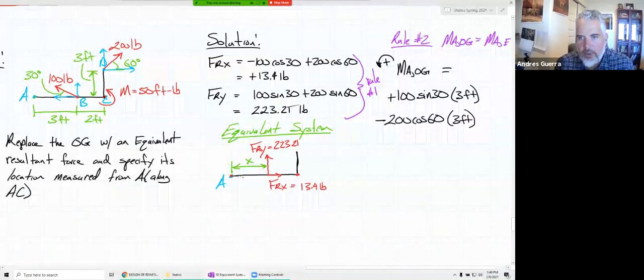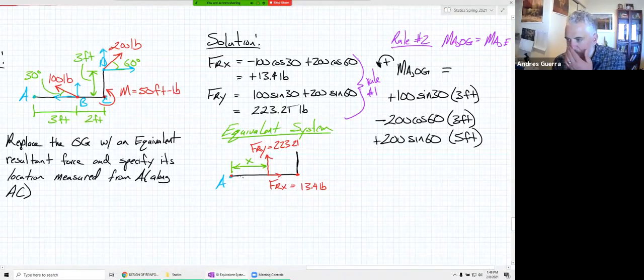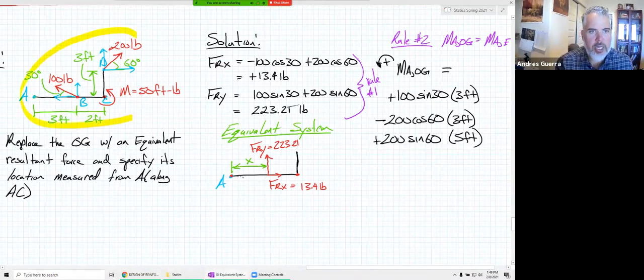And then we're going to have the Y component, sine of 60, and that's going to cause a positive moment about point A, and the distance is going to be 5 feet. So I'm just taking moments about a point, right? I'm just finding what are the moments. I'm looking back over here at my original picture to come up with this equation.